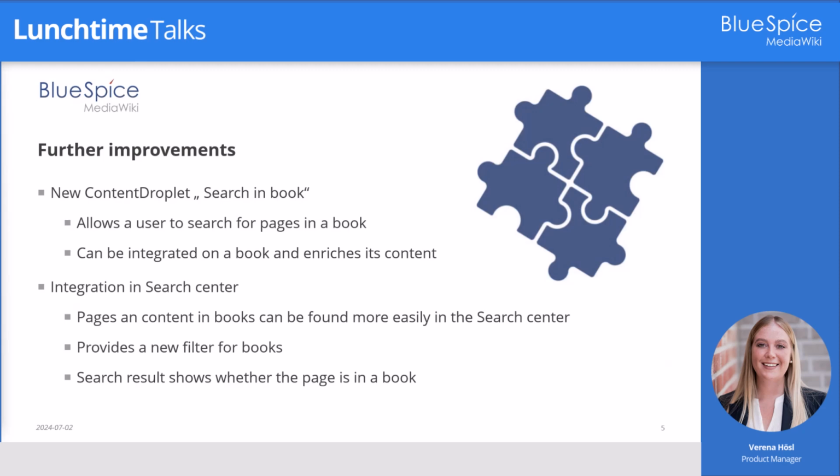After saving, there is a small search bar. This enriches the page content because, for example, if you have a page about a specific topic and you also have a book about this topic, you can insert this small droplet there and people can get additional information about the topic.